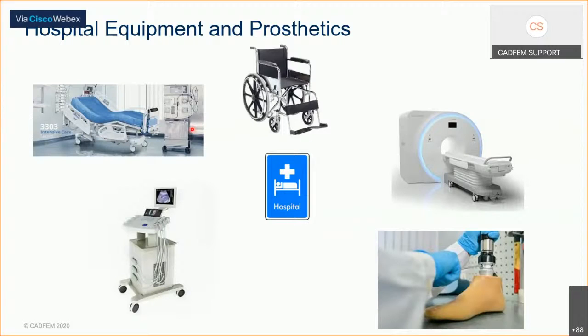A lot of this equipment needs special care, special requirements. It's not like a normal bed or normal chair. So to meet different kinds of personalized requirements, simulation will help in a much better way.